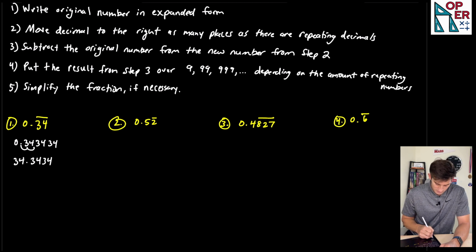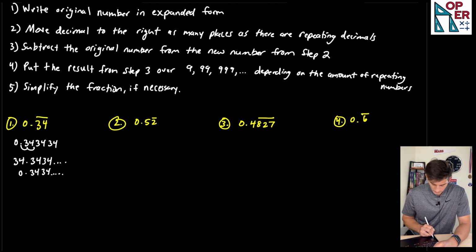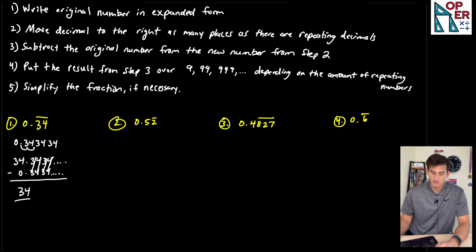Now step 3 says subtract my original number. So that would be 0.3434. You can see that this will continue on, but then so will that one, so it'll just keep canceling out. Now we can do our subtraction, and all of these are going to cancel. So we're just left with 34, and now step 4 says put the result over our denominator.